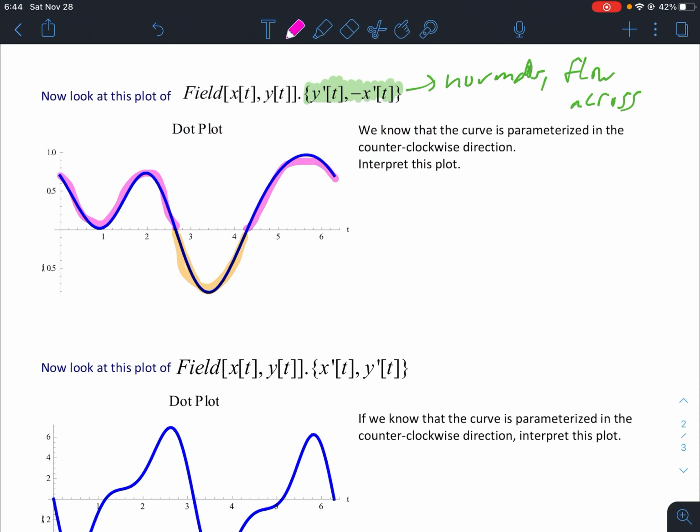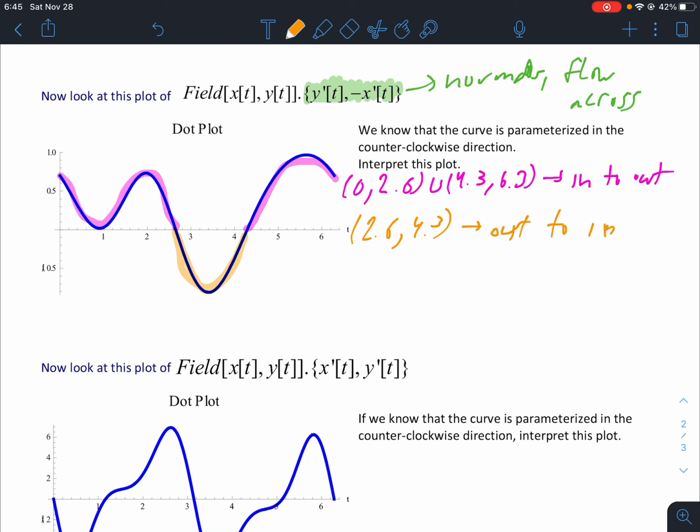I'm just going to write estimates here. From 0 to approximately, let's say, 2.6, and also from approximately 4.3 to, let's say, 6.3, our net flow is going to be inside to outside because the dot product is positive. But from 2.6 to about 4.3, our flow is going to be outside to inside because the dot product is negative.